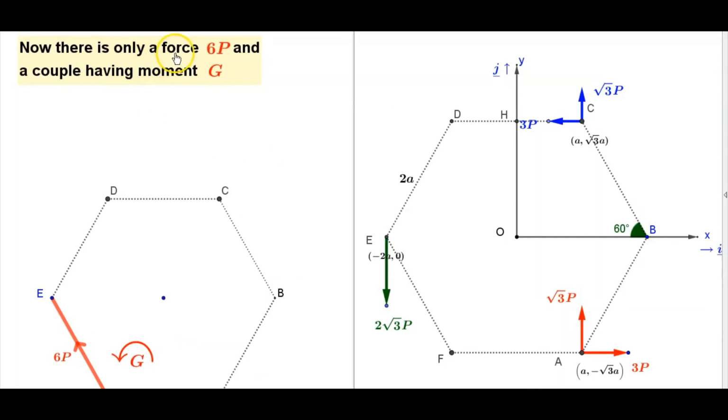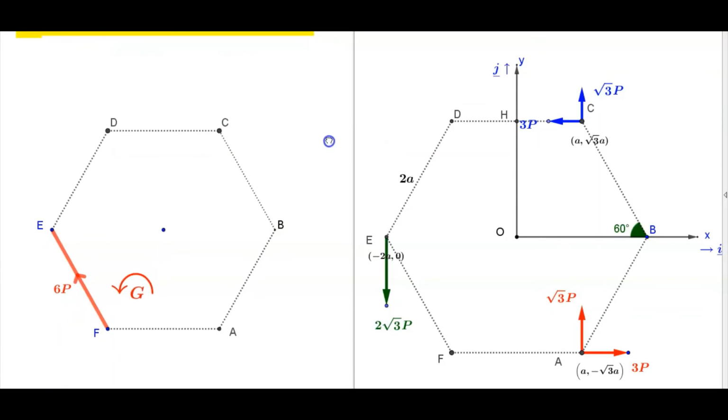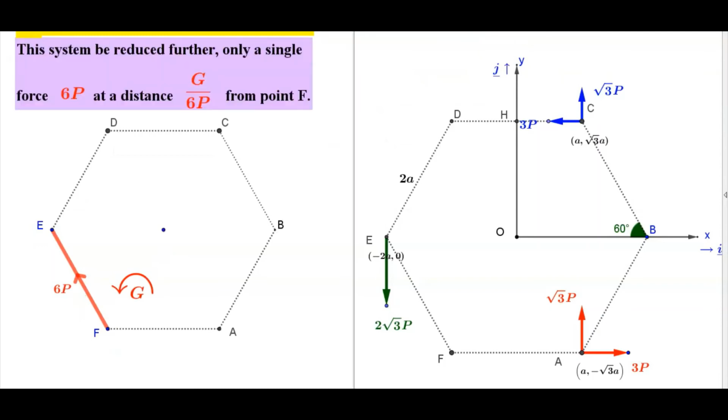Now there is only a force 6P and a couple having moment G. But in our theory we learned the system can be reduced further only to a single force 6P at a distance G over 6P from point F. The couple and the force also can be further reduced to a single force by shifting by a distance.